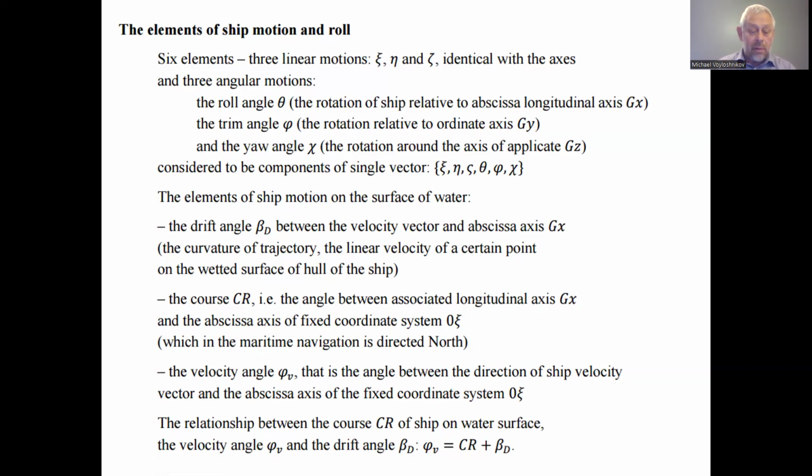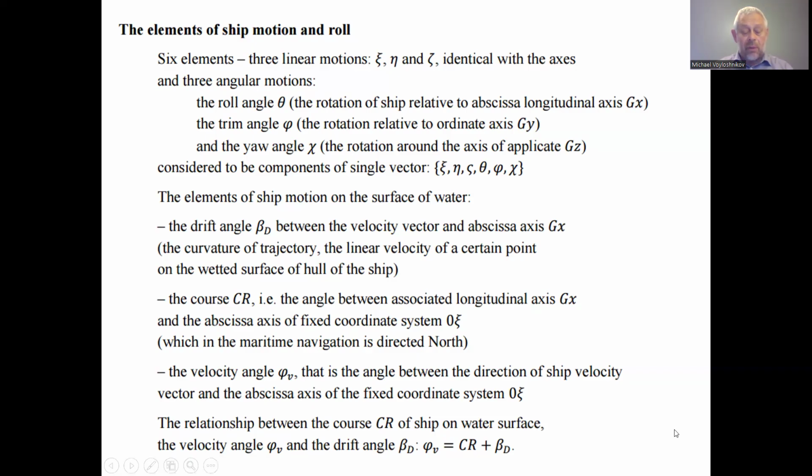The course of the ship, that is the angle between the associated longitudinal axis and the abscissa axis of the fixed coordinate system. In maritime navigation, this course is defined relative to the direction to the north. And the velocity angle, that is the angle between the direction of the ship velocity vector and the abscissa axis of the fixed coordinate system.